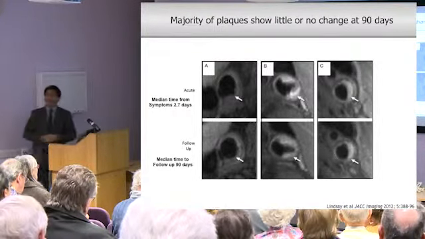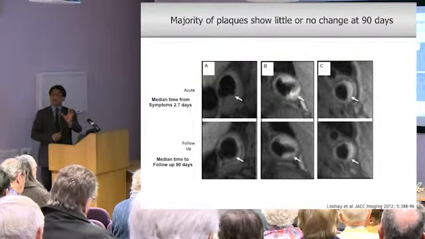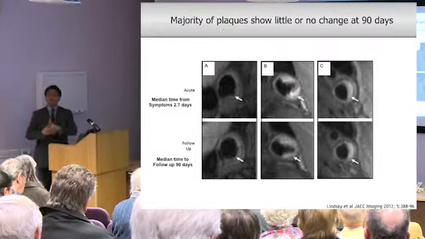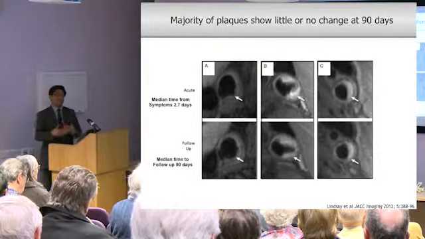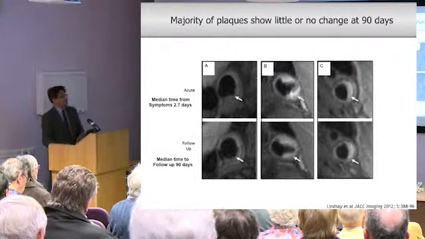So it turns out that if you have a stroke, or if you have a mini stroke, a TIA, or a transient ischemic attack, the maximum risk of having a major stroke is within the first 48 hours, certainly within the first week of that early manifestation.